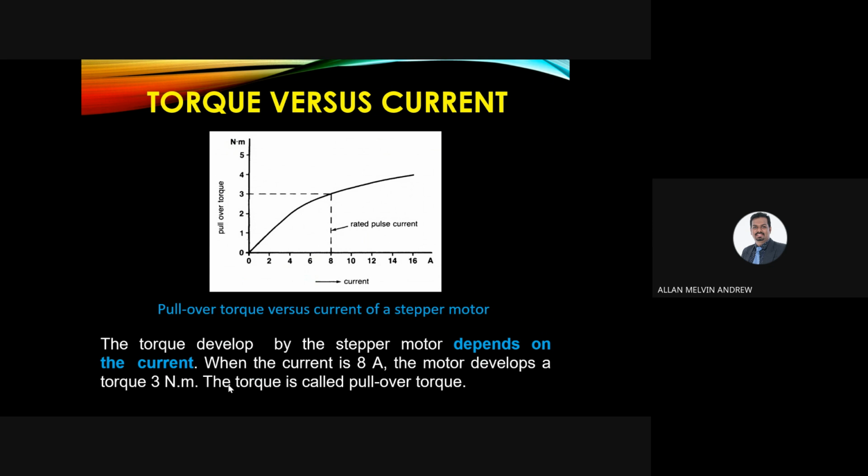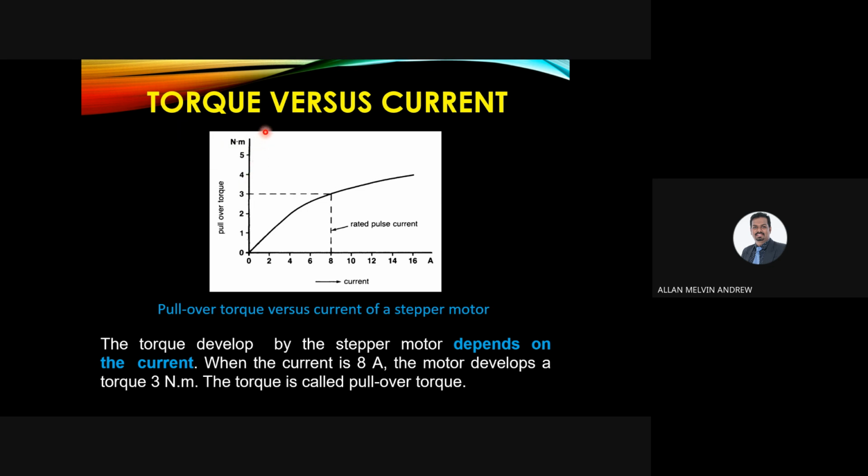Let's say you want the motor to rotate to bring the window lower, so it must have enough torque. If the torque is not enough, the motor will be overheated and it will blow. So determining the torque is very important.